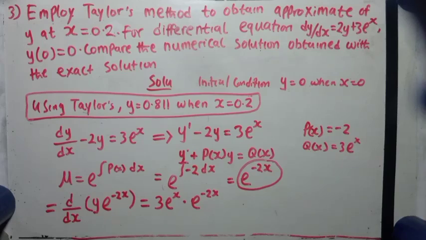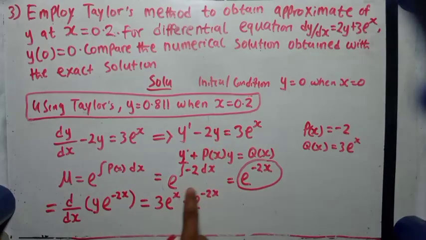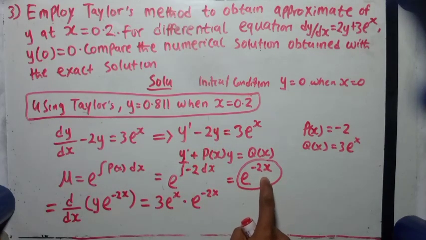After doing this, you notice that if you differentiate this guy, using your implicit method, the value it gives you is actually the answer you will get when you multiply the whole of this by your integrating factor. So you can try that out and confirm it.